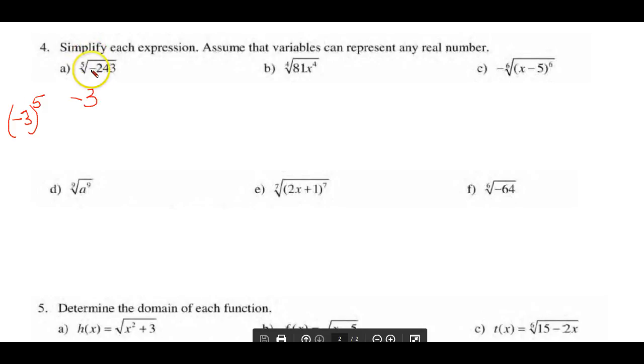So the reverse of it, where we take the 5th root, is -3. Now here we have the 4th root of 81. Now that is 3. And we take 4 and put 4 over 4. That gives us an x.